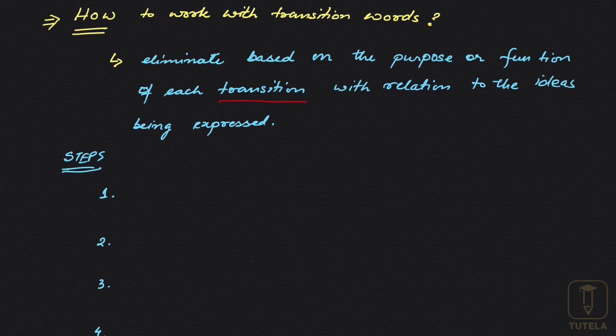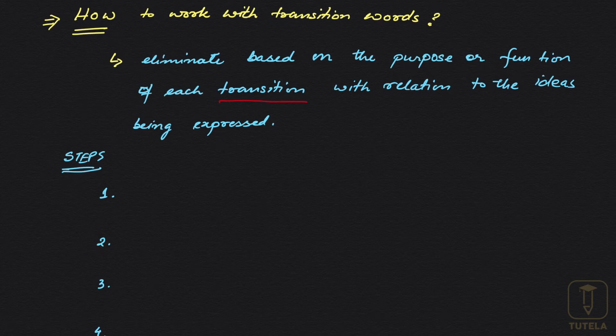What do the sentences, or phrases, that we are trying to link with the transition words indicate? We have to keep that part in mind. So I have these few steps which we can use to work on transition words.